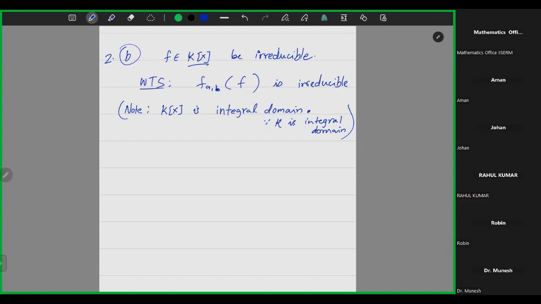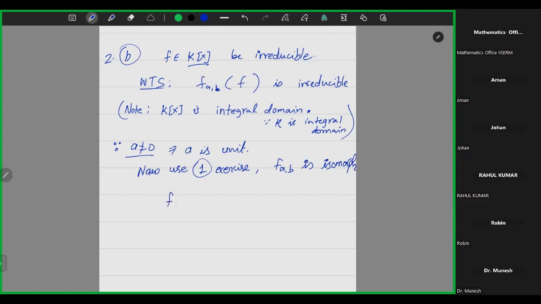Note that a is non-zero, given. Since a is non-zero, it implies a is a unit. Using the first exercise, what we get is f_ab is an isomorphism.